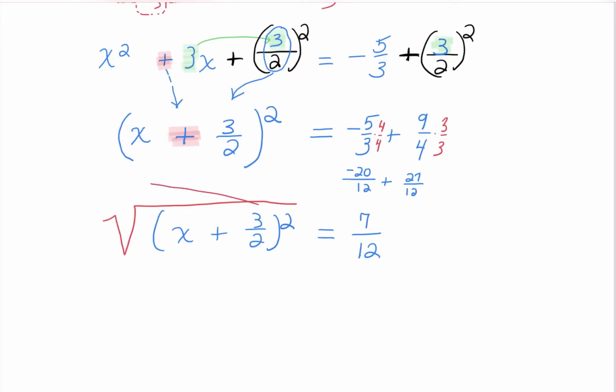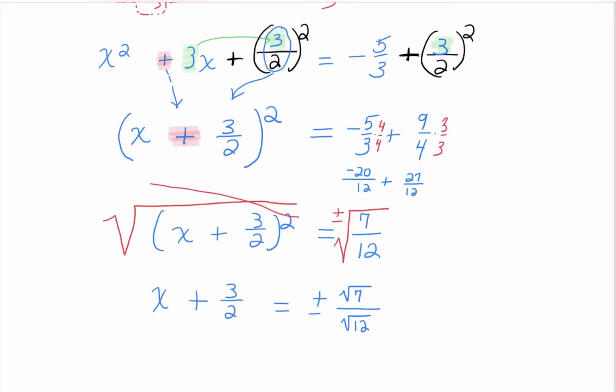So I'm taking the square root to get rid of the square. That means I have to introduce the plus or minus square root on the other side. This one will be a real solution because it's not a square root of a negative, but it is kind of an unpleasant little radical to work with. In this step, I'm going to rewrite it as square root of 7 divided by square root of 12. Remember, once you learn to do reduced fractions, you always have to reduce them.